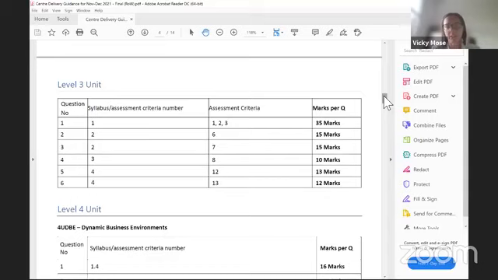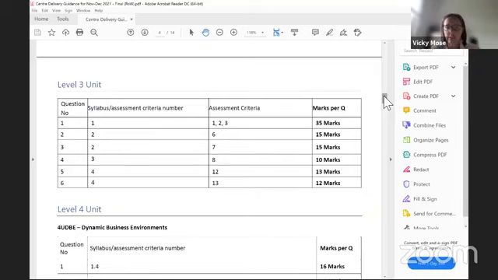In terms of the criteria and assessment areas, you'll see that actually question 1 relates to learning outcome 1 in the syllabus, question 2 to learning outcome 2, as does question 3, and then question 4 relates to learning outcome 3. Question 5 and 6 relate to learning outcome 4.